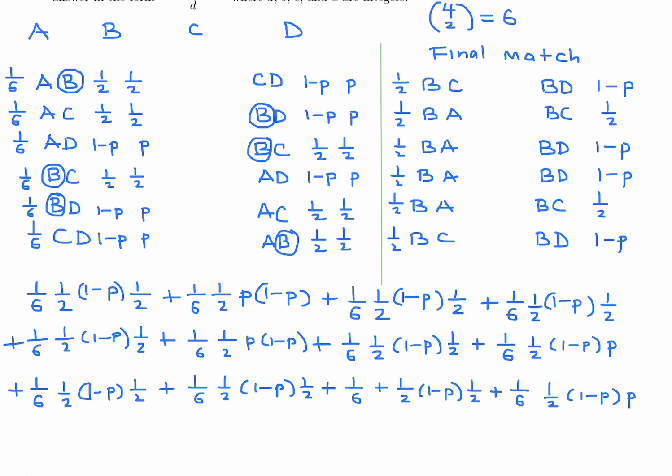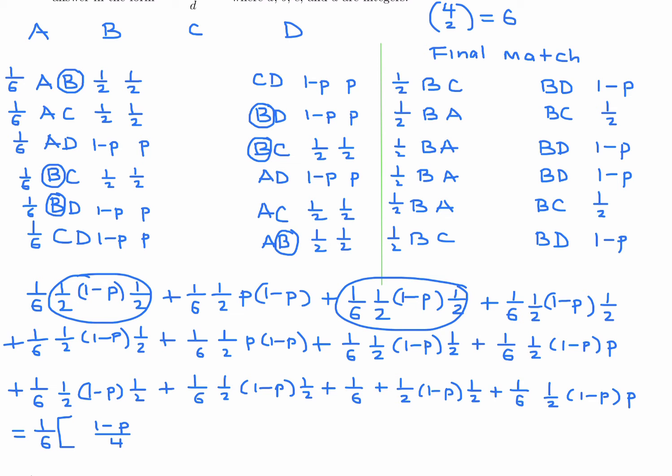And there we go. And we can just take the 1/6 out of all of these because there's a lot of them. Then we can combine them because a lot of these are very similar in terms of their terms. The 1 minus P over 4 occurs several times actually.